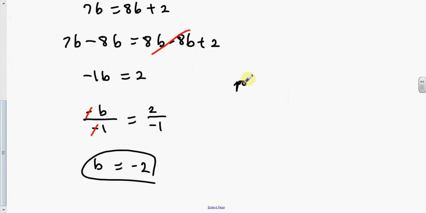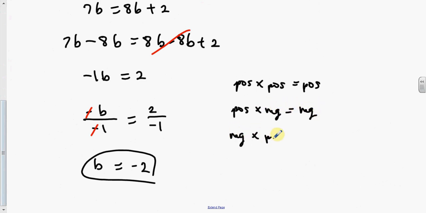You know, with those signs, positive times positive is positive. Positive times negative is negative. Negative times positive is negative.